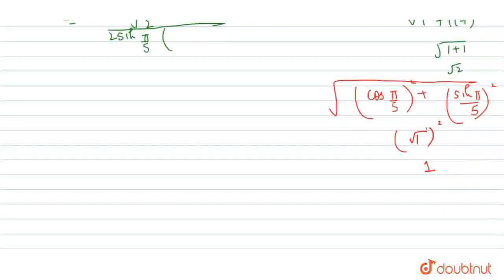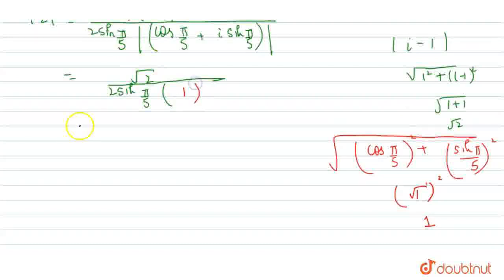So we put this in the equation, and it will be under root 2 upon 2 sin pi by 5. 1 upon sin pi by 5 is cosec pi by 5.